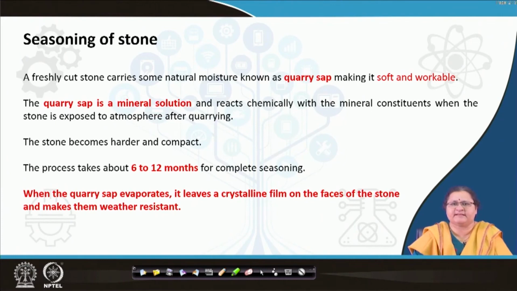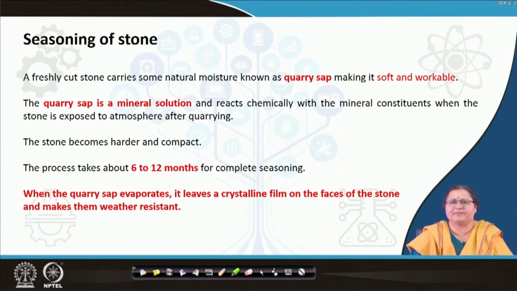It is a mineral solution that covers it and it keeps on coming out, and during this time, if it is dressed, that is, if it is cut into its desired shape or form, you can actually do a less labor intensive part, and then it becomes easier to carry it to the site.